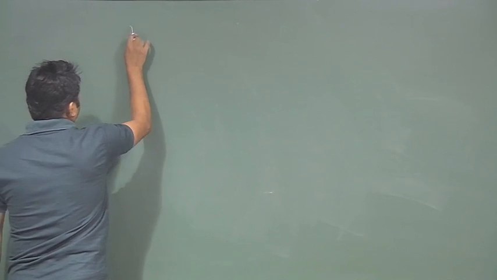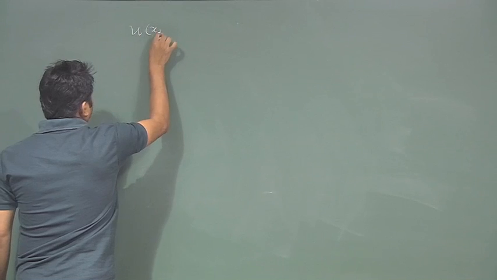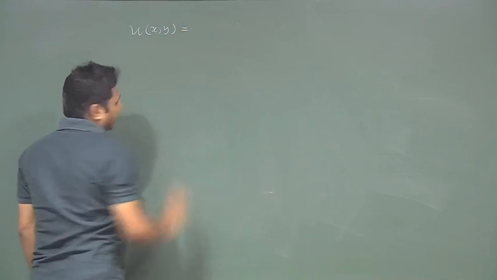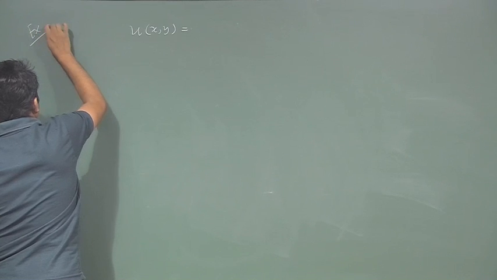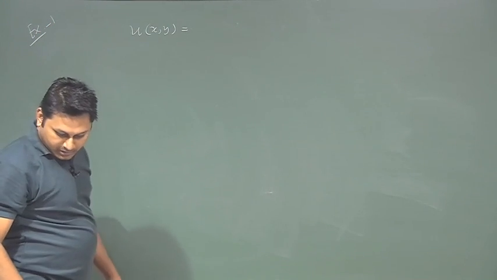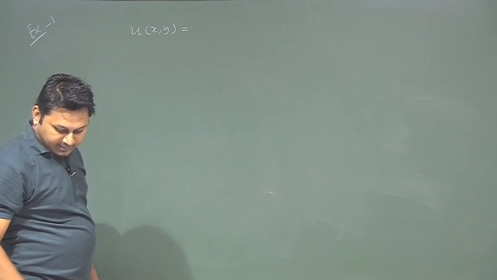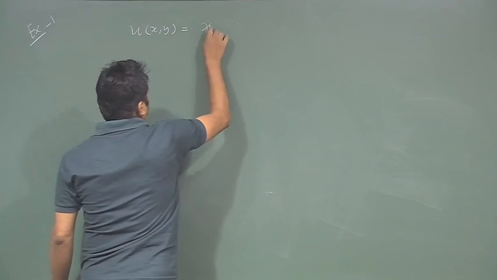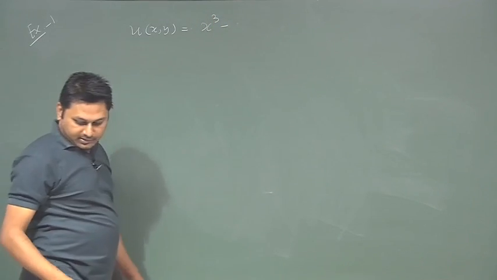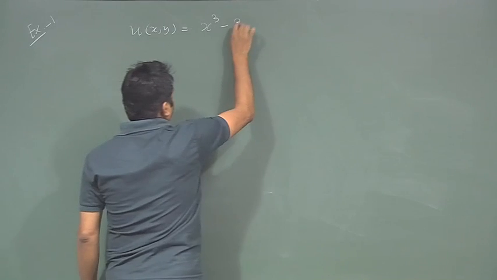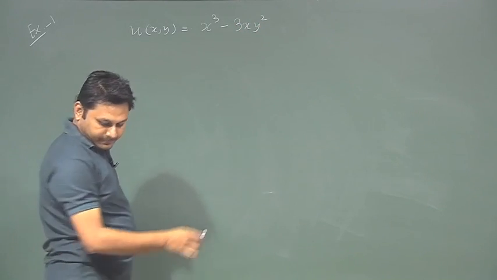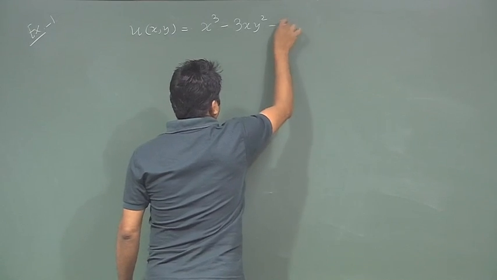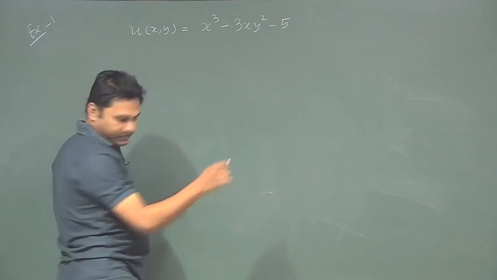The problem is u is given, which is a function u(x, y), exercise 1, where it is given like x square, let me write it, minus 3x y square minus 5y.